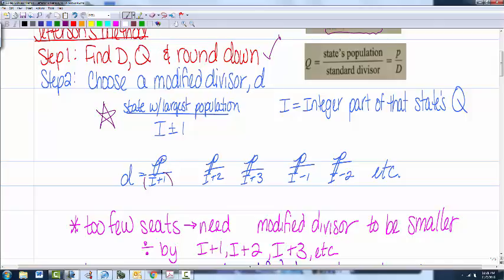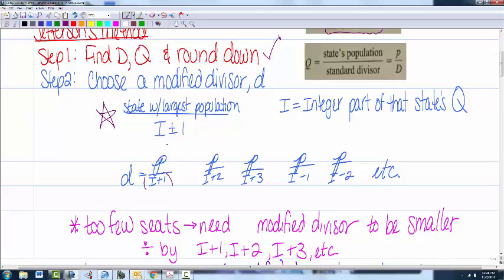So we're going to take that individual's population and divide it by its individual integer that they got for how many representatives they were going to get. Add 1 to that. What that does is makes our new modified divisor smaller. And what happens when you divide numbers by a smaller number? What does the quotient become?